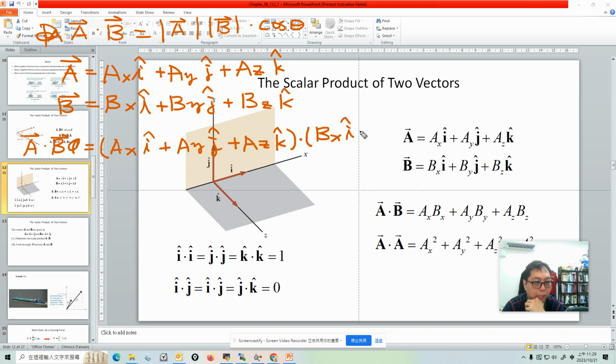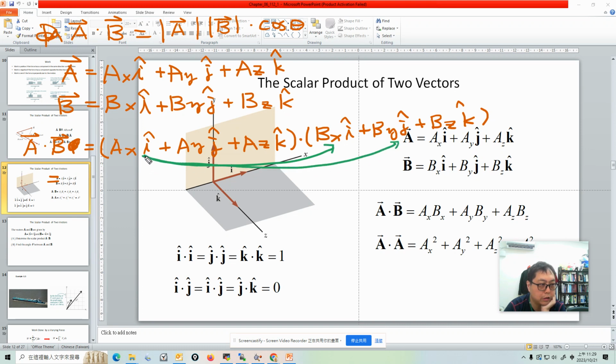So what's the result of using component language? It's the same as doing multiplications, with a little difference. First of all, you use the same distribution law: this times this, this times this, this times this.